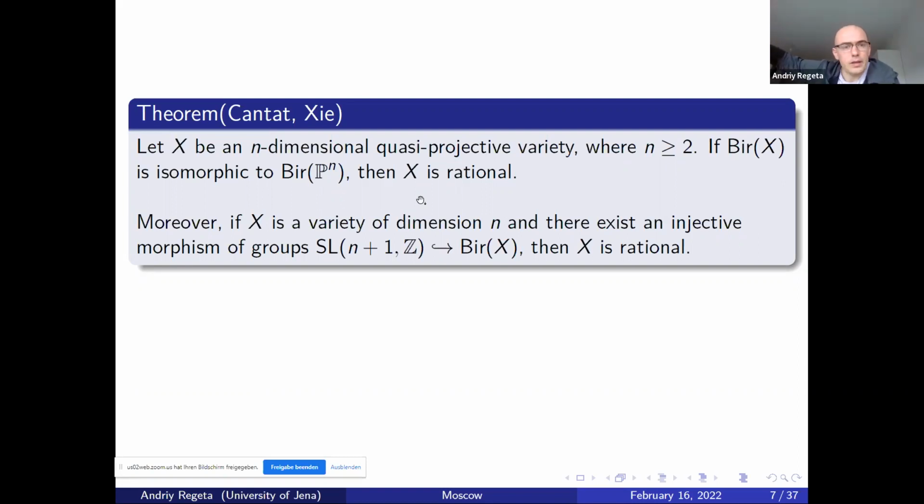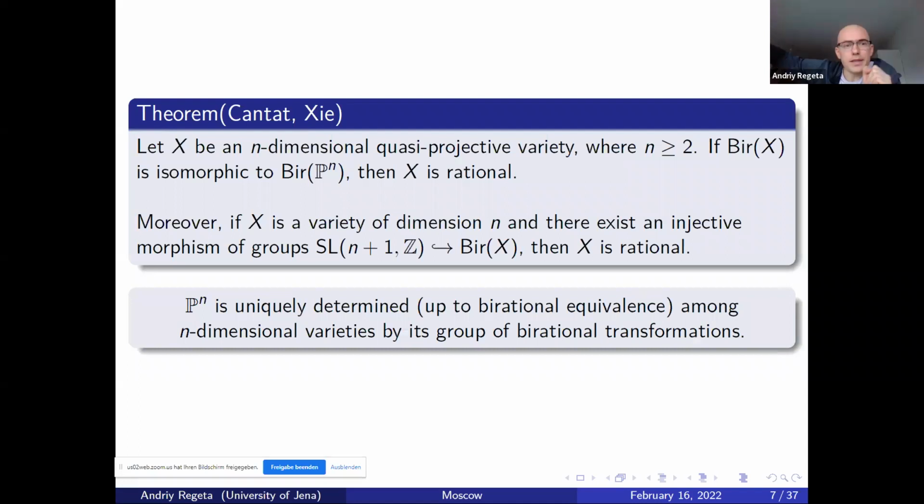Basically, this theorem says that Pn is uniquely determined up to birational equivalence among n-dimensional varieties by its group of birational transformations. But first of all, it determines it only among varieties of dimension less than or equal to n.